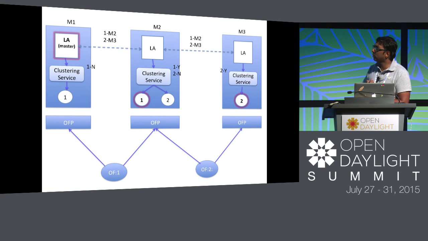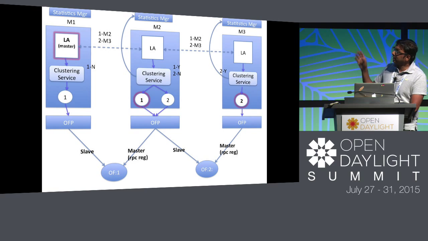In case of OpenFlow plugin, it can be first come, first serve: if the ownership service gets requests from multiple entities saying that I need to get an ownership, then it can decide on a first come, first serve basis, or it can be a load shared strategy. So based on a different strategy, it can try to acquire the ownership for a particular device.